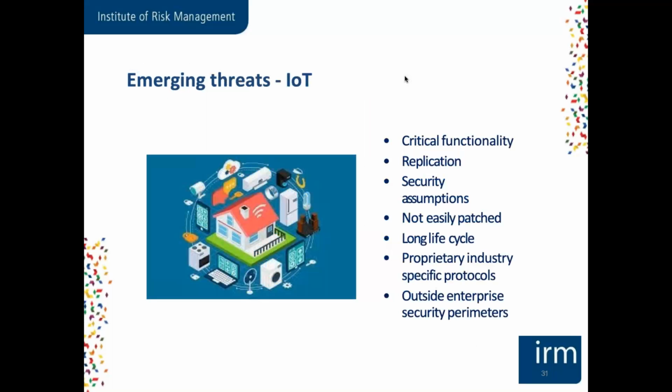And like we said, Internet of Things is a particular area or scope of vulnerability that comes about because of these key factors: things not easily patched, a longer life cycle, outside of an enterprise's security perimeters, and therefore not necessarily subject to the same protection as other devices. And again, it's worth giving some thought to how these factors, when they appear concurrently, what additional vulnerabilities are created and how those are best dealt with.